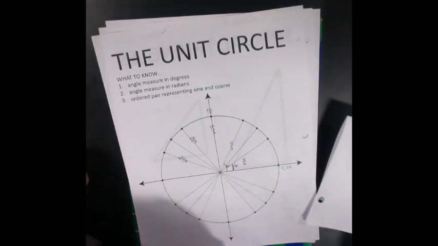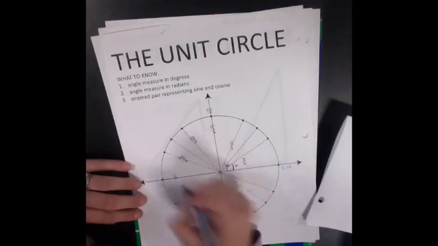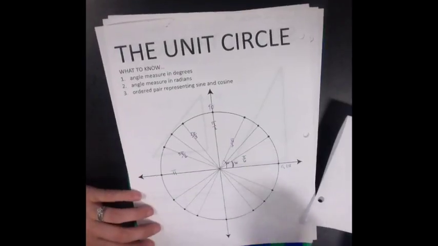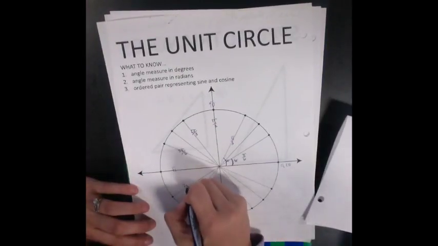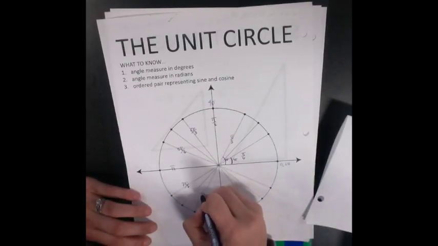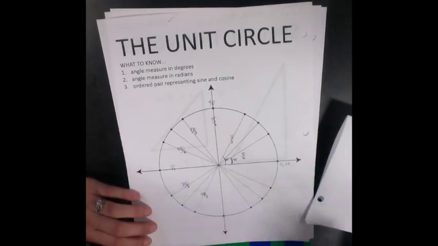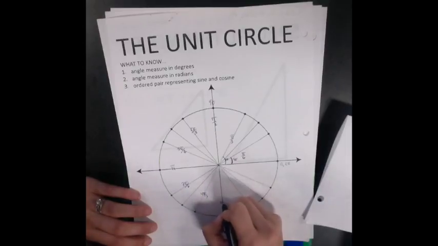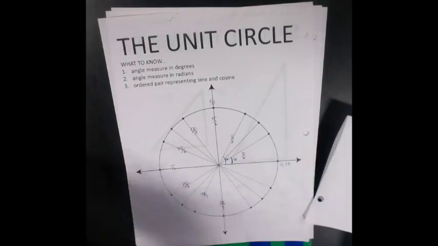If you add pi over 6 again, you get 6 pi over 6, which gives you pi. Add pi over 6 again, gives you 7 pi over 6. Add it again, gives you 8 pi over 6, which is 4 pi over 3. We add it again and we get 3 pi over 2.